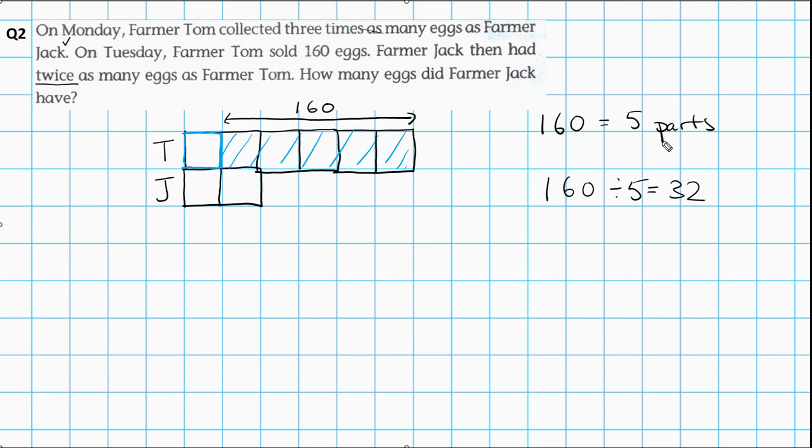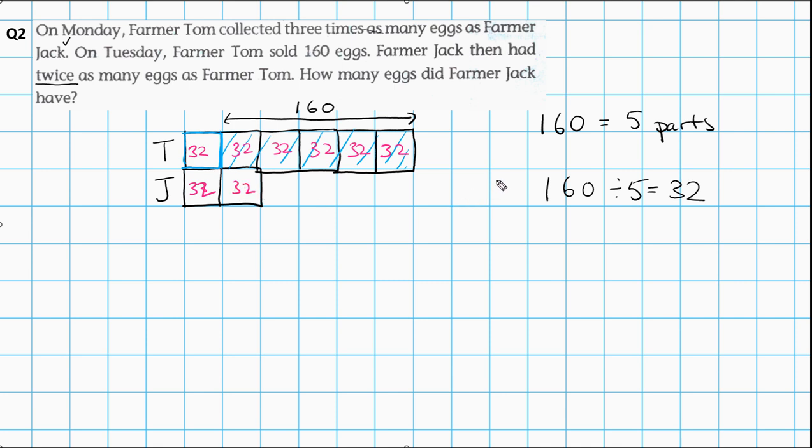So we know that each of these parts has a value of 32. I don't have to write all of this in. I could just write it in one of them, but I just want it to be clear. Now, if each of these parts has a value of 32, so do these parts, because remember, they're all equal. 32, 32.